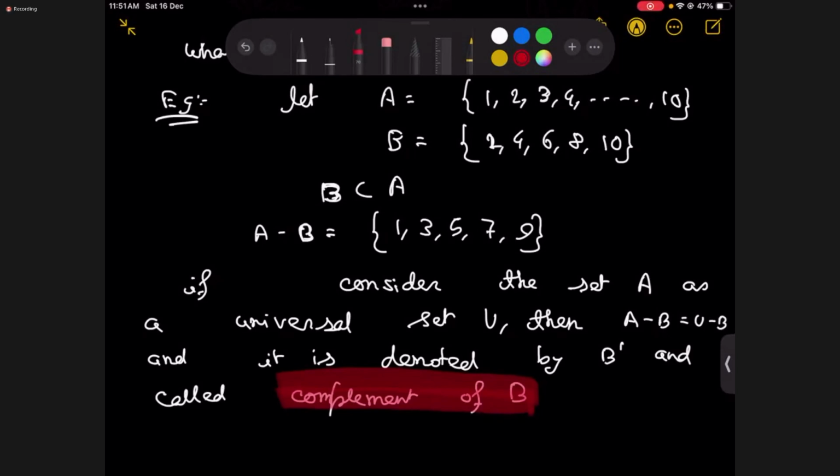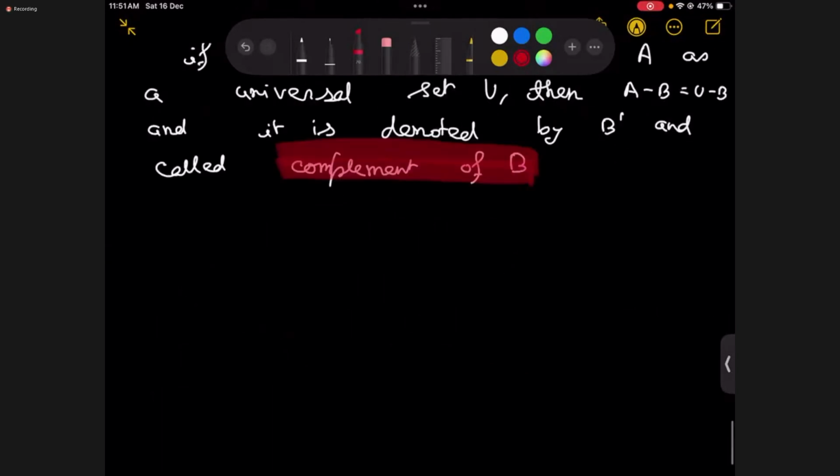So first of all, take one example. Let us take all students of class 11 as the universal set, and say the given set is the set of all boys.